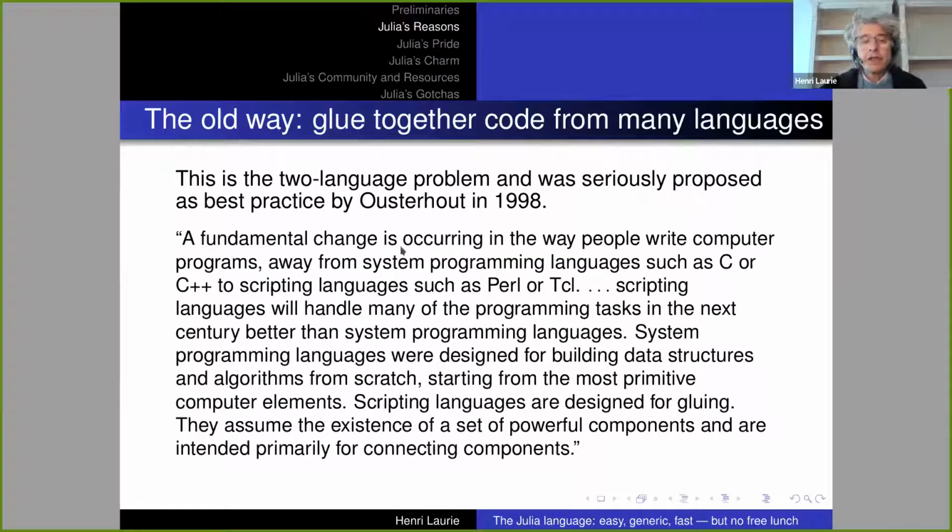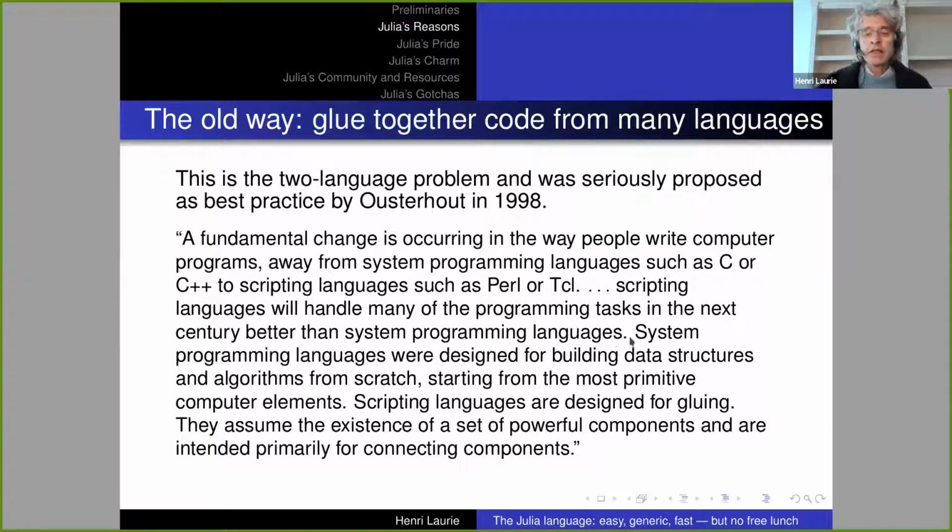This is from the abstract. It says now, in 1998, people are moving away from system programming languages towards scripting languages, and makes the prediction that scripting languages will handle many of the programming tasks better than system programming languages. And I think that by and large turned out to be true.